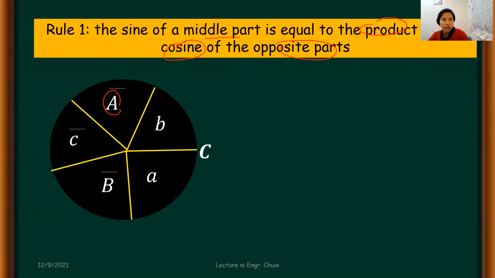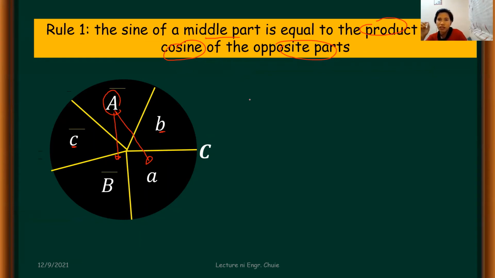What is the opposite of A? The opposite of A is B and A, right? Because C and B are adjacent. Therefore, the opposite of A is B bar and A bar.